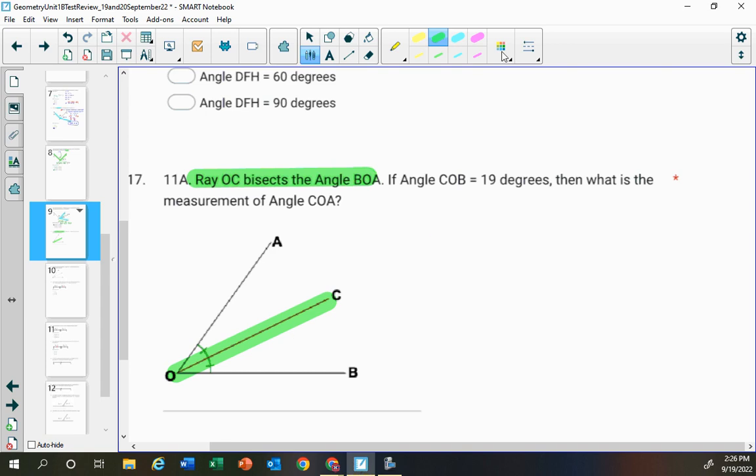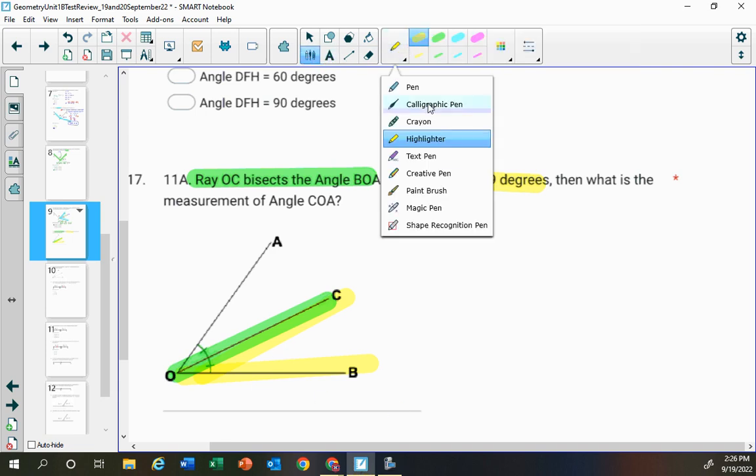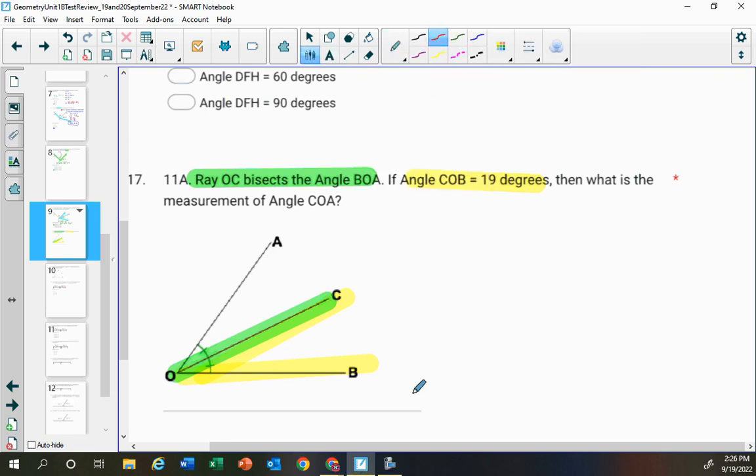Now, they said COB, C to O to B was 19 degrees. But if COB is 19 degrees, remember this bisects. So what do we mean by bisect?